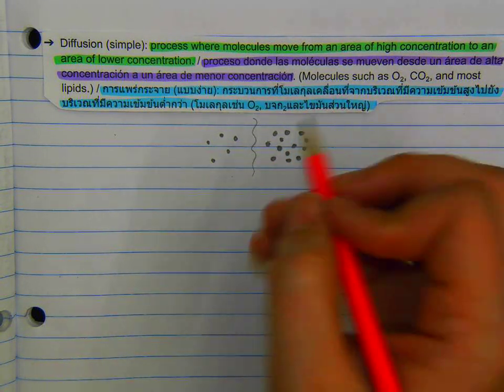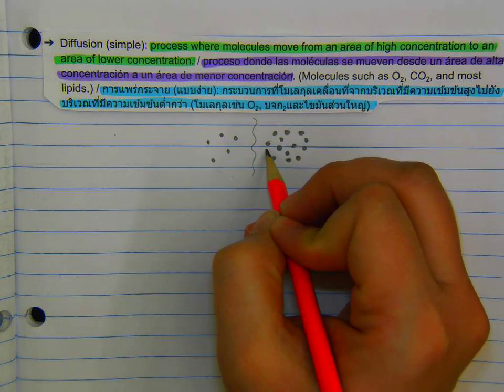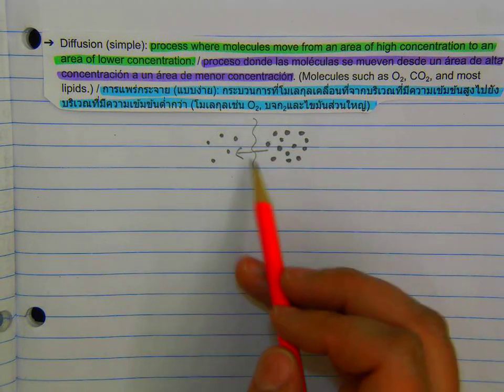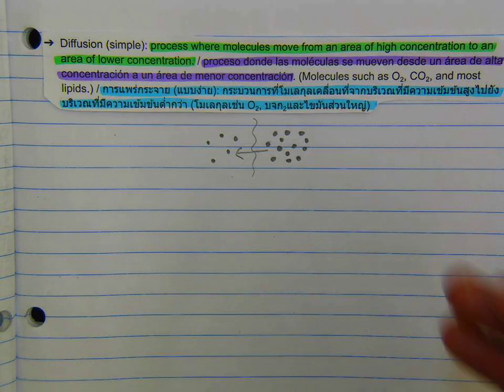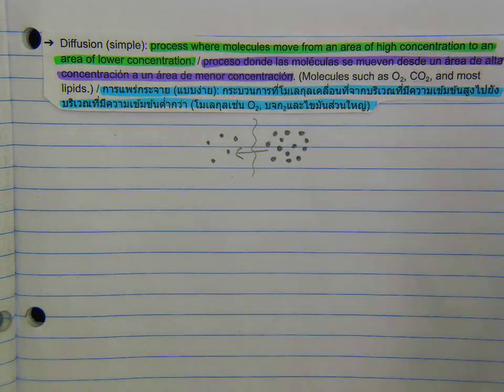Simple diffusion means that these particles of high concentration simply just move to a low. Sometimes it's across a membrane, or sometimes it's just throughout a solution. Like if you ever drop a couple drops of food coloring into water, they start very concentrated in one spot and they slowly work their way out through simple diffusion.